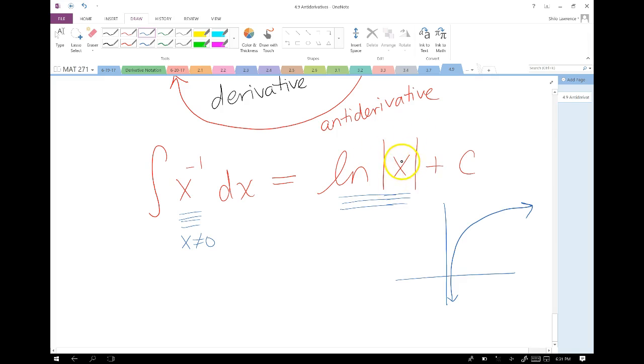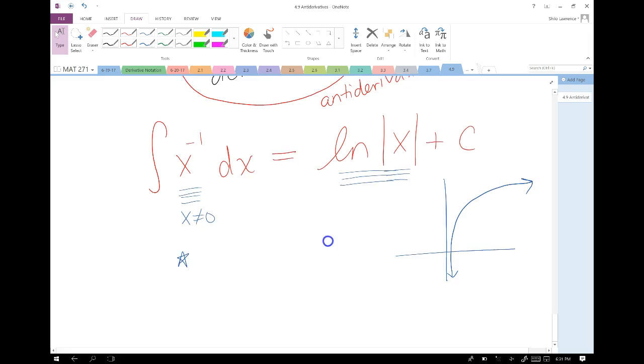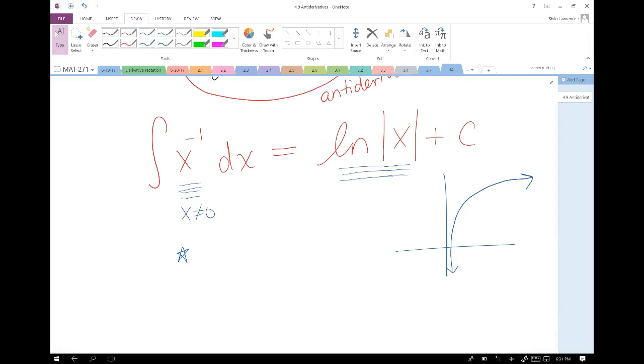If I plugged a negative value in for the x, the absolute value bars will switch it to a positive so that it can be evaluated inside the log function. So the absolute value bars are so that the domains for x to the negative 1 and the natural log of x match up.